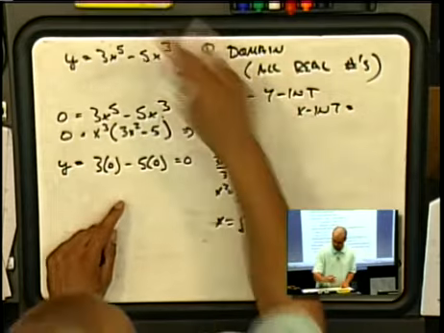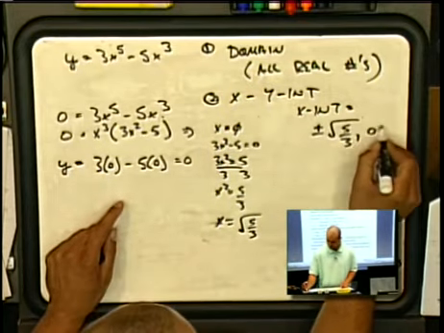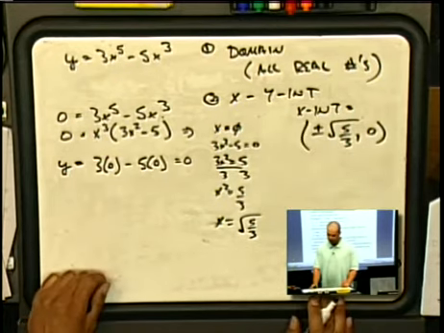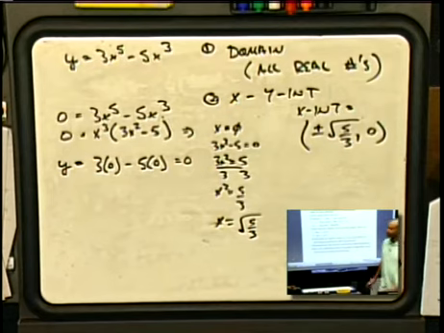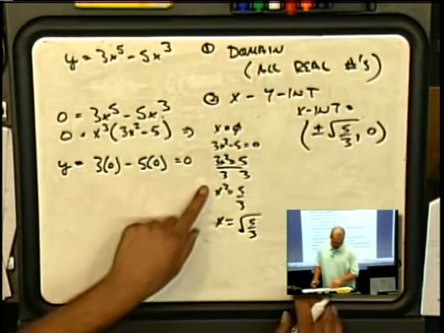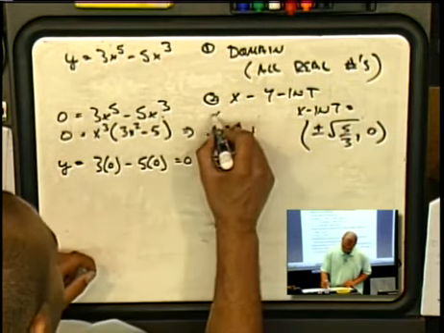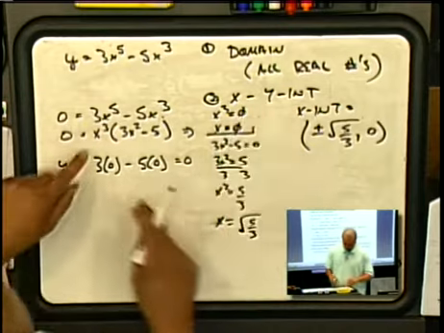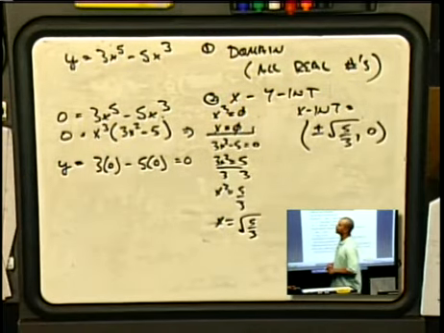How do you write that? Plus or minus on the outside, square root of 5 over 3. In the center section there, you have x equals 0, and then 3x squared minus 5 equals 0. You said x to the third equals 0, and both of these equal to 0.